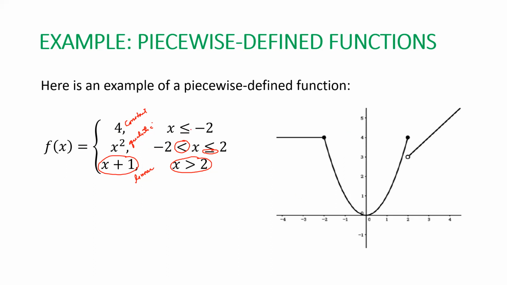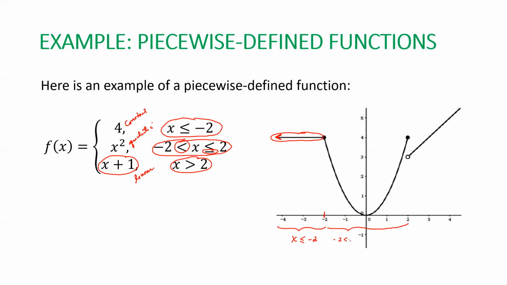So whenever we consider the interval x is less than or equal to negative 2, we are referring to the following interval. So this is x is less than or equal to negative 2. And as you can see, above this interval, the graph is a horizontal line, and this is actually extending indefinitely to the left side. And then for the interval negative 2 up to positive 2, we are referring to the following interval on the x-axis.